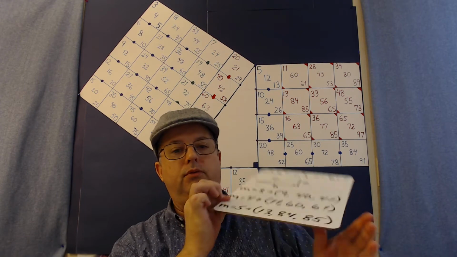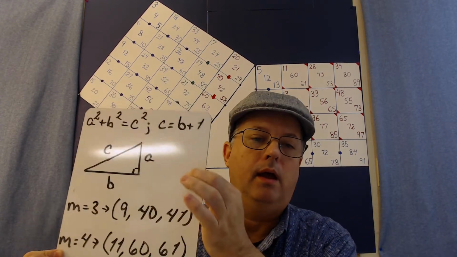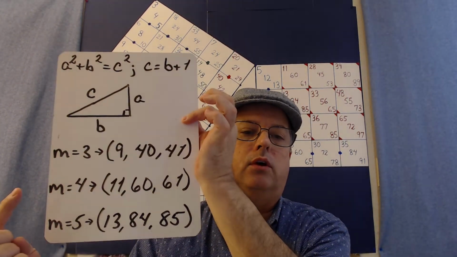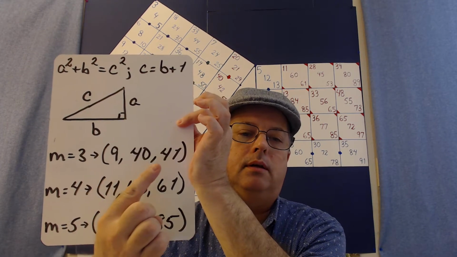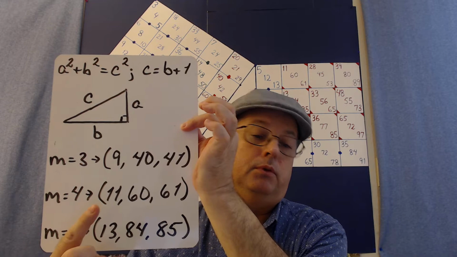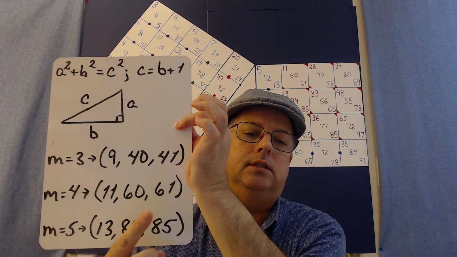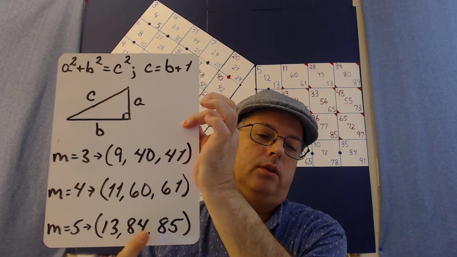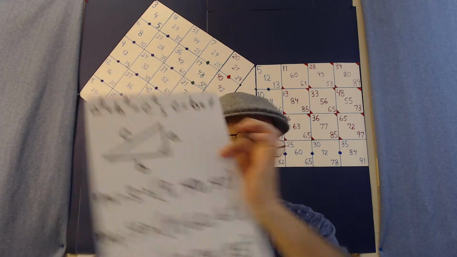And then there were 3 more that we presented in the previous videos. If m is 4, we get 9, 40, 41, and m is 5, we get 11, 60, 61, and m is 6, we'll get 13, 84, 85.